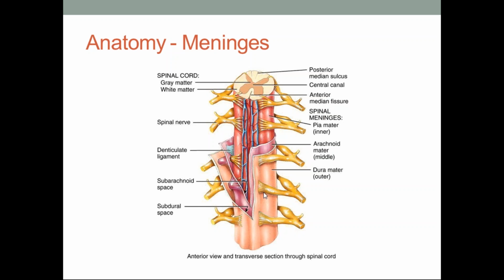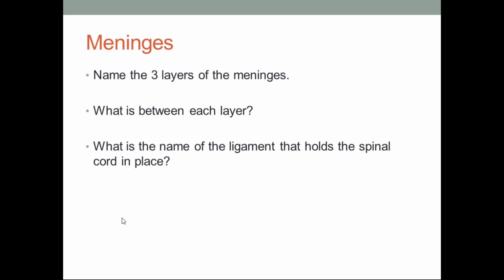We saw that there was 3 layers, and they're all made of that dense irregular connective tissue. On the outer portion there's fat, and then we know there's fluids in between, and that the pia mater, the inner layer, is actually attached right onto the spinal cord and the brain. Okay, so that's just a little reminder of that.